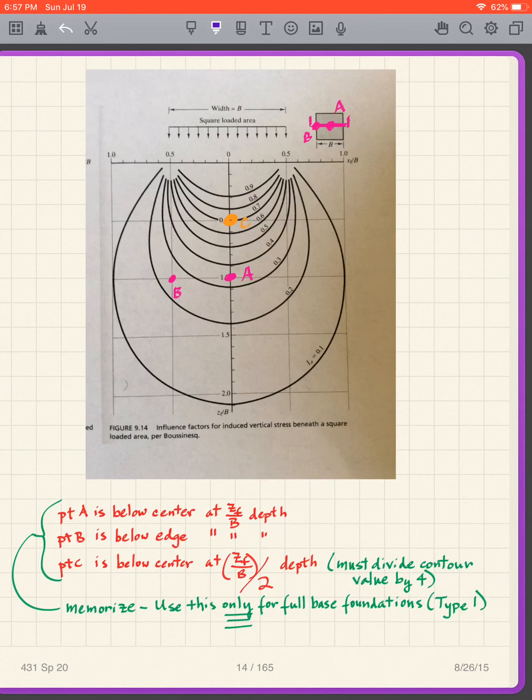Use A, B, and C only for type 1 foundations. For type 2 foundations, you're going to use only point A.